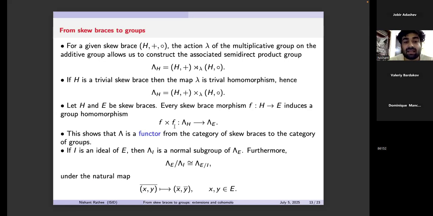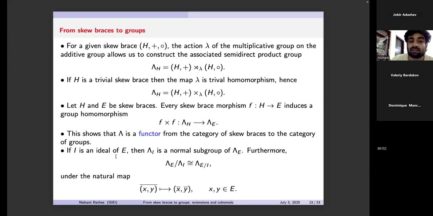Furthermore, if you have an ideal I of E, then this is proved by Cindy Tsang in his paper, The Representation Theory of Skew Braces. Then lambda I is a normal subgroup of lambda E. This is not difficult to prove, but it requires some manipulation.